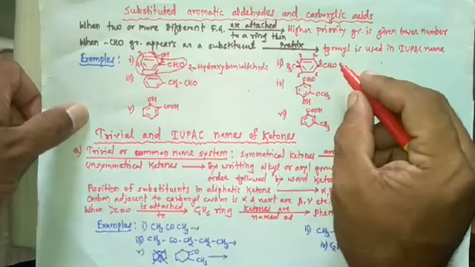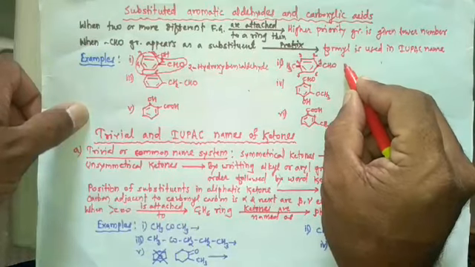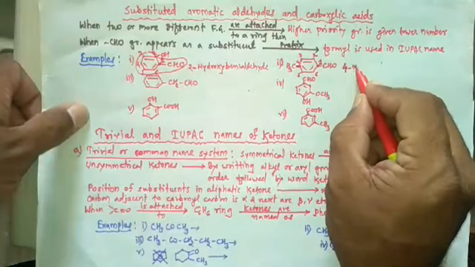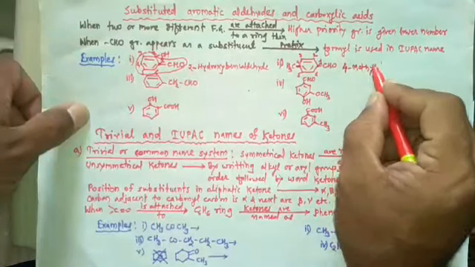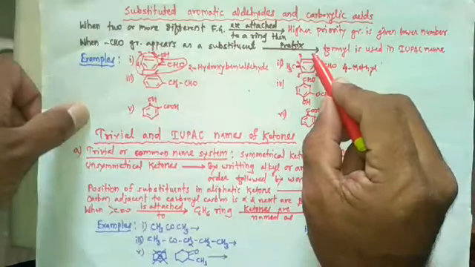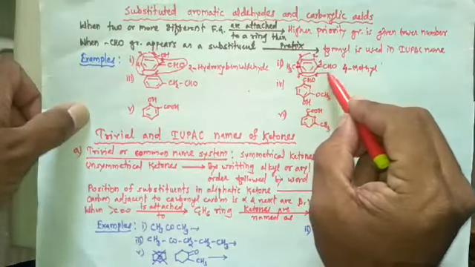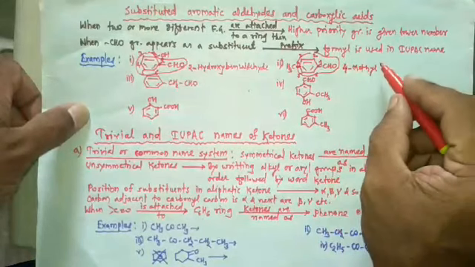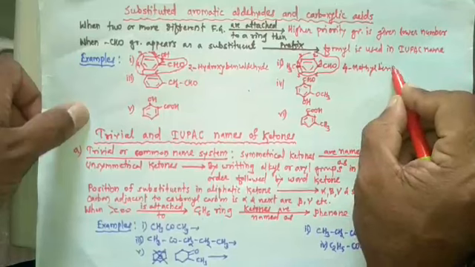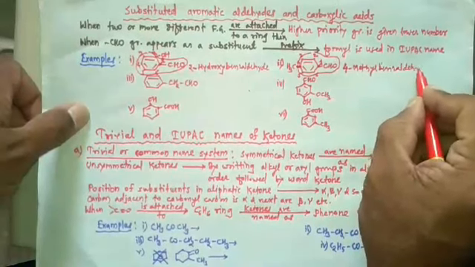This is the side chain, so first represent the side chain and its position: 4-methyl, and again the parent aldehyde, its name is benzaldehyde. 4-methylbenzaldehyde.